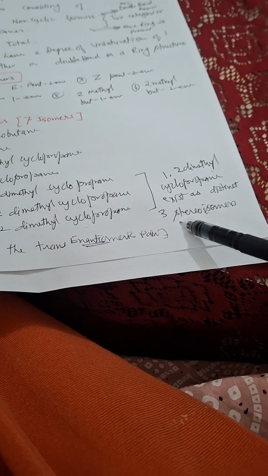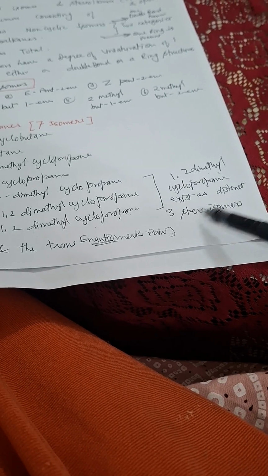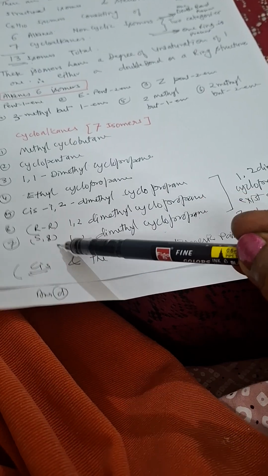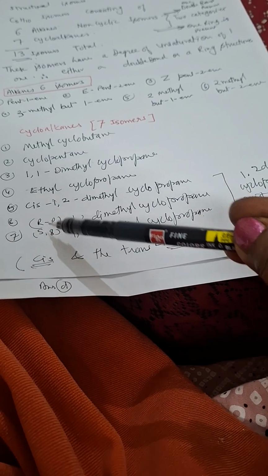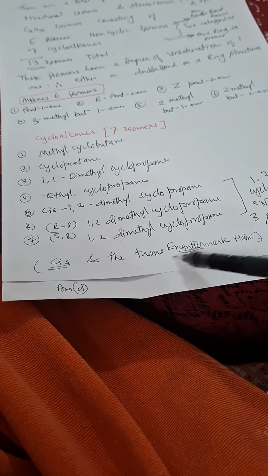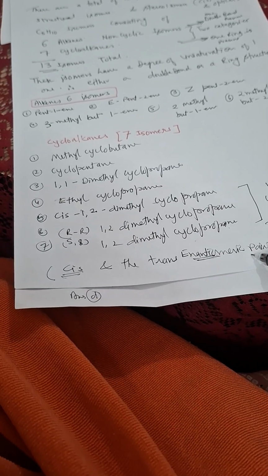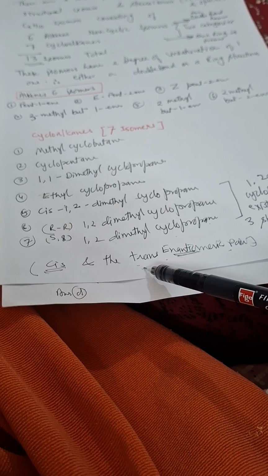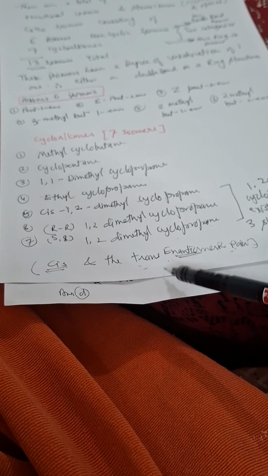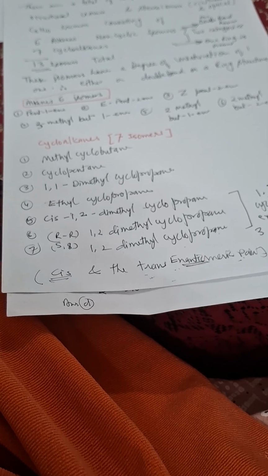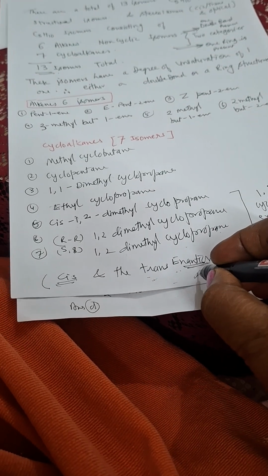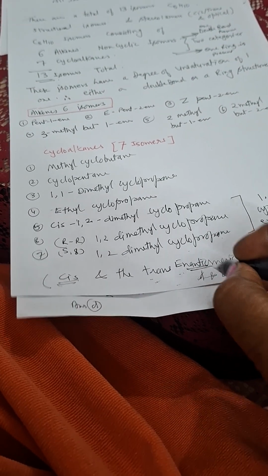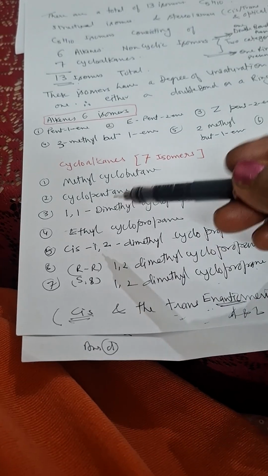So 1,2-dimethylcyclopropane has 3 stereoisomers: cis, and trans which shows D and L enantiomers.